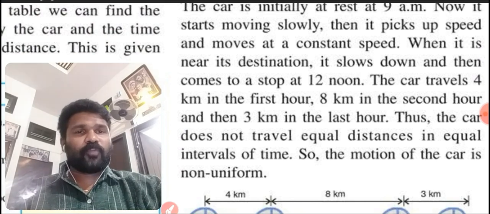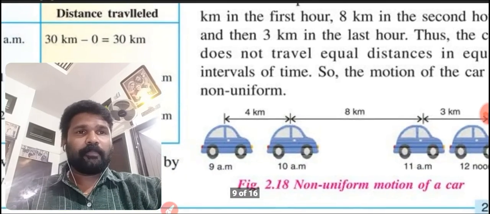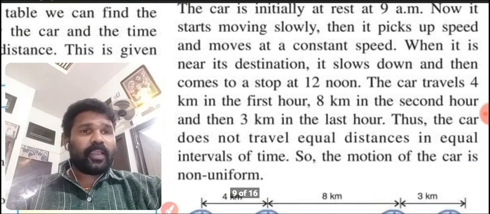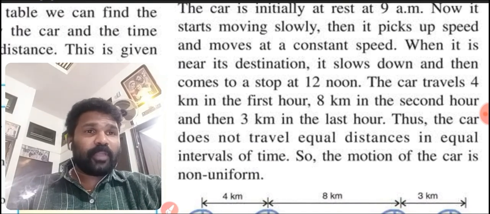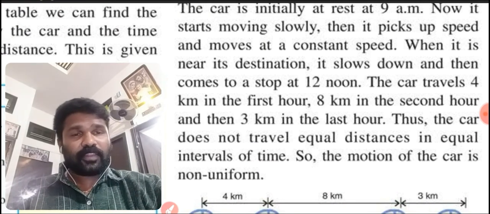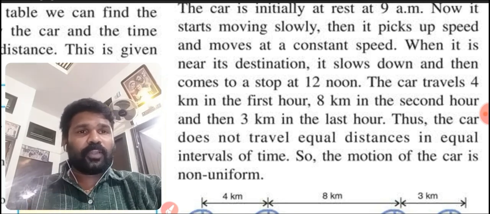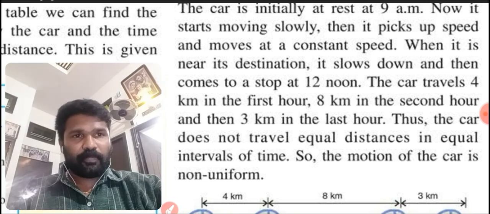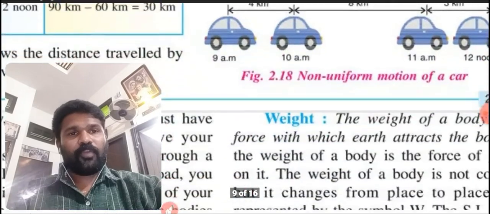The car travels 4 kilometers in the first hour, then 8 kilometers in the second hour and 3 kilometers in the last hour. Thus, the car does not travel equal distances in equal intervals of time. So, the motion of the car is non-uniform.